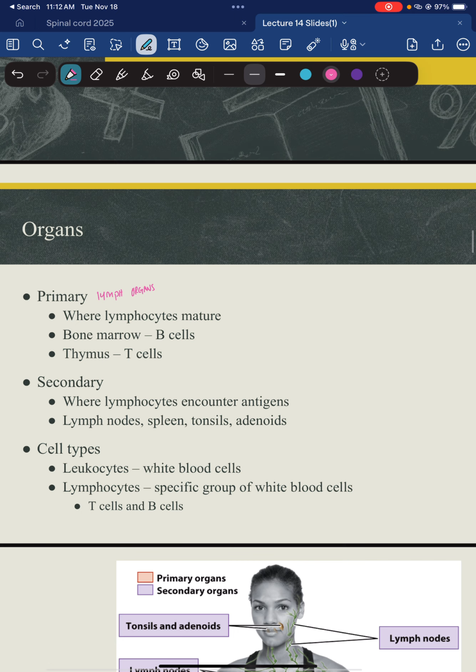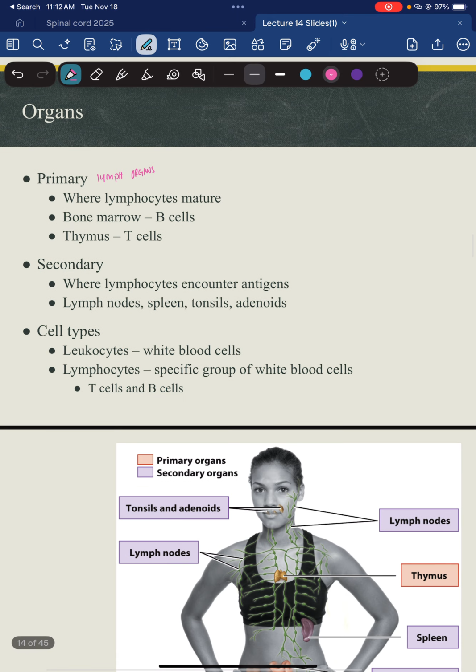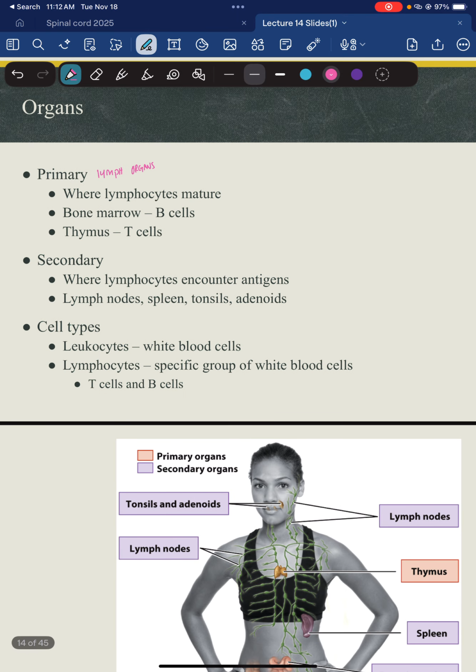You can write this down. We're not going to really go into detail about these until Thursday. Secondary is a little more all-encompassing, so the rest of your lymphoid tissue is pretty much your secondary. The main ones are going to be your lymph nodes. Everybody's heard of lymph nodes before, probably in the context that they swell up when you get sick.